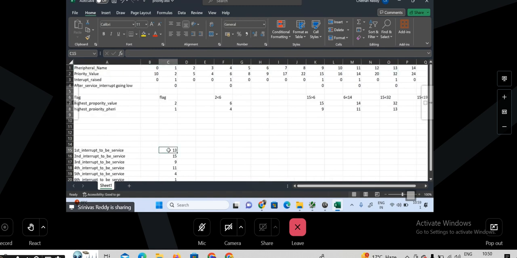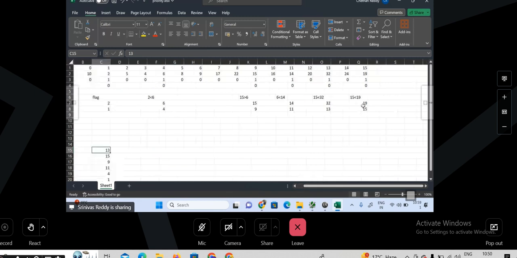Can you write the logic to this? You take this as an algorithm. What is the second state's job to do? Based upon the interrupt priority, it has to sort out which one comes first.